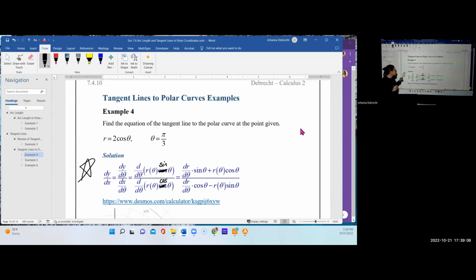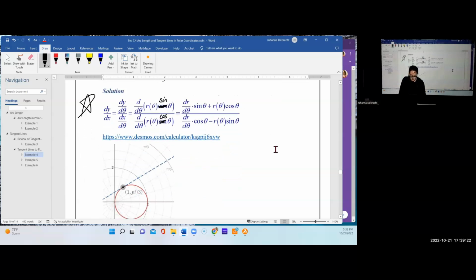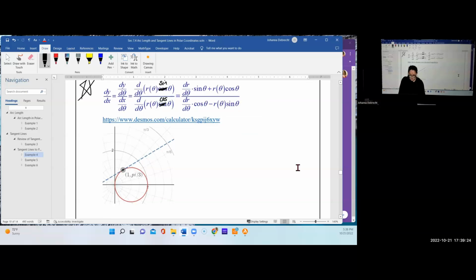Okay, so let's go ahead and find dy/dx for this polar curve, r equals 2 cosine of theta, when theta is pi over 3. I do have a link to the Desmos graph of it. If you have my notes, you can click there. If not, you can pause the video, figure out what it is, and type it in.